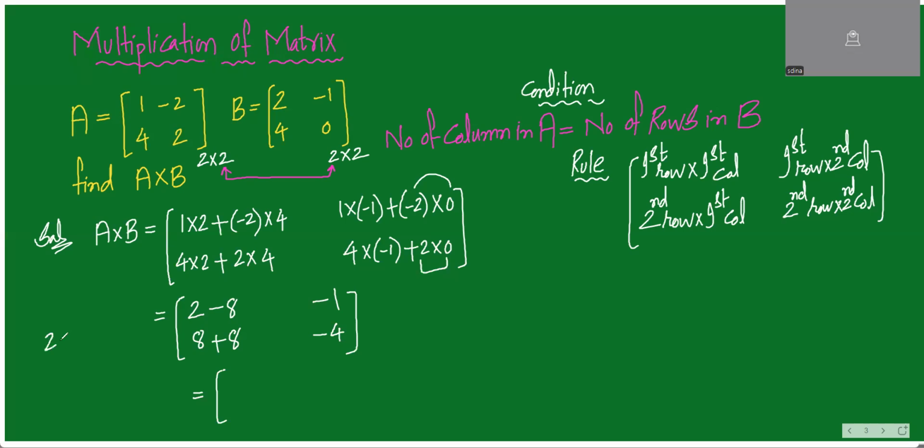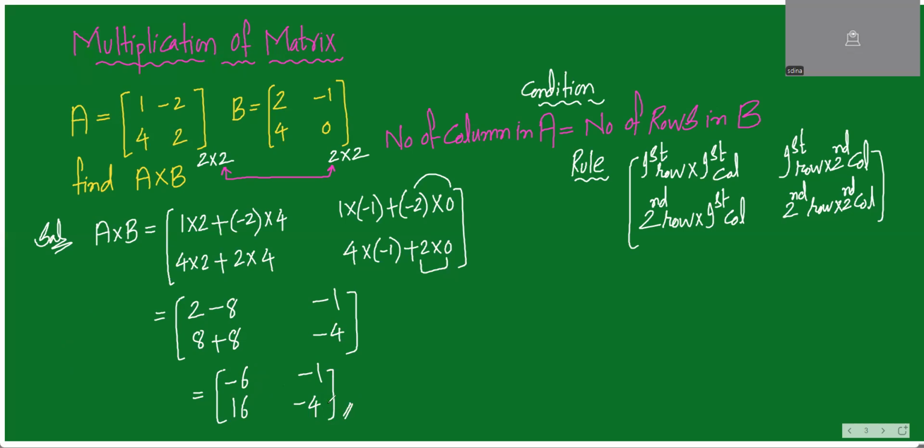I'm just asking the question, how much is 2 minus 8? 2 minus 8 is nothing but minus 8 plus 2, which is minus 6. Yeah, minus 6. Oh, I have written only 6. It is minus 6. It is minus 1. It's not your mistake. It is just a lack of practice. Yeah, 16 and minus 4, and that's it.